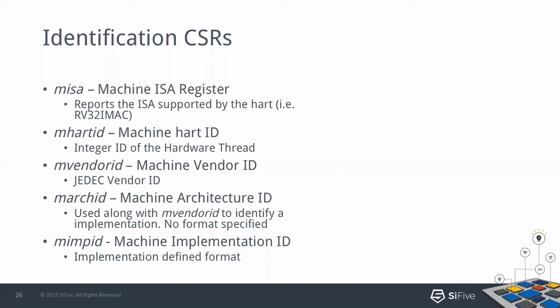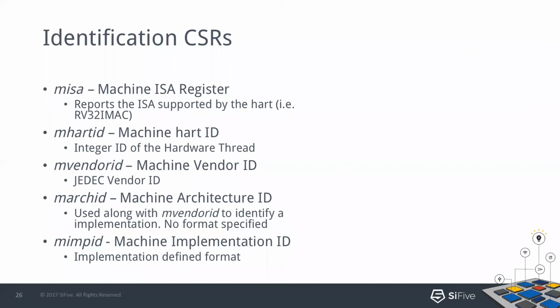But again, for this webinar, please equate HART to mean core. The mhartid CSR tells software the ID of the HART that it is executing on. So in a multi-core implementation, you could use this register to determine which core the software is currently running on.